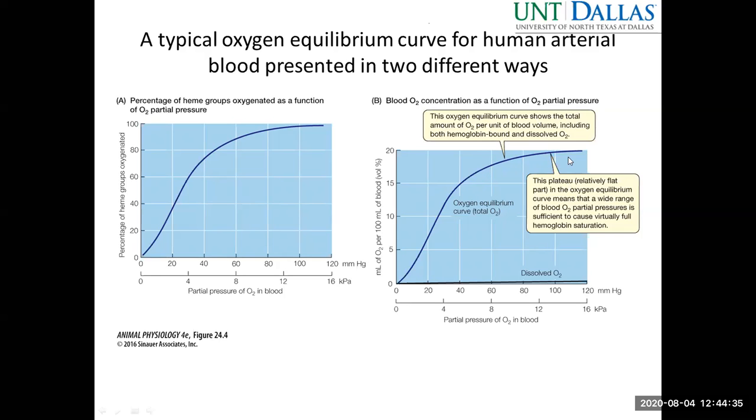Here it reaches a plateau, the flat part of the curve. That means a wide range of blood oxygen partial pressure is sufficient to cause full hemoglobin saturation. Here the x-axis represents the partial pressure of oxygen in blood, and the y-axis represents the milliliters of oxygen per 100 ml of blood.